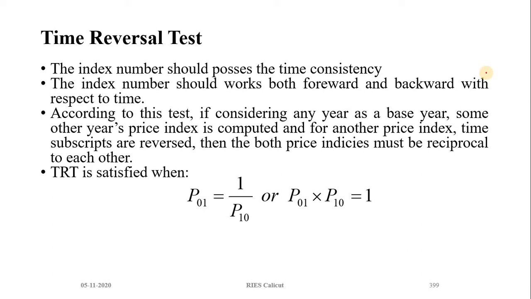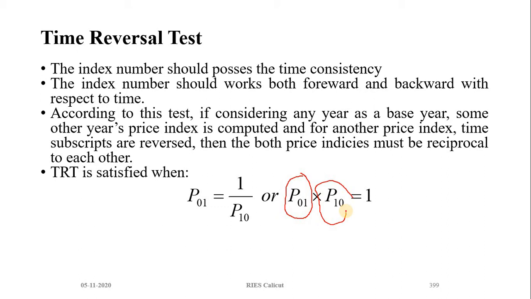In P01, we are calculating the price index by considering 0 as the base year. Here we are considering 1 as the base. You change the subscripts, you change the time. In the first case we consider the current year and base year; the next time we consider the earlier base period as the current period and the earlier current period as the base year.